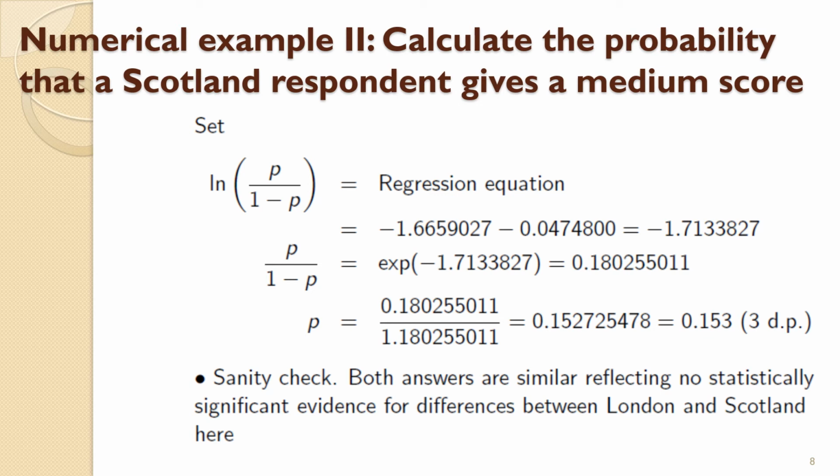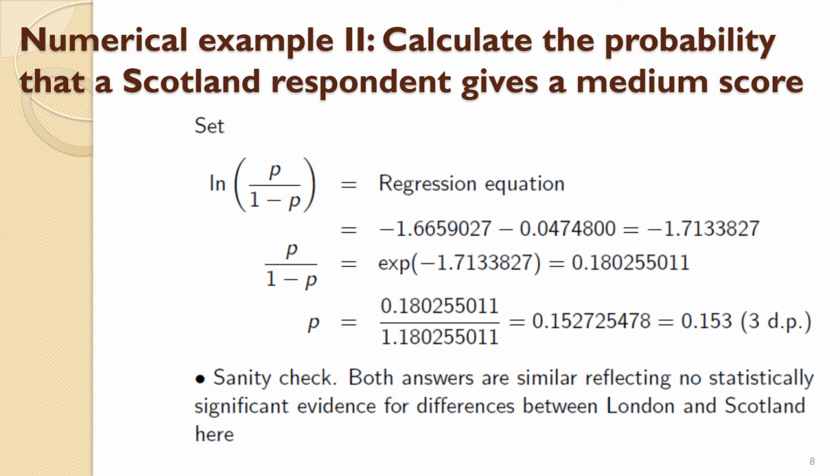Okay, the rest of the numerical calculation works exactly the same as before. So set the log of the probability of a 1 minus probability equal to the regression equation, which you get from the fixed effects terms. Here this gives you the log of the probability over 1 minus probability equals minus 1.7133827.